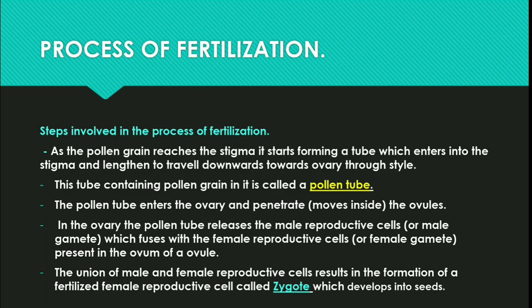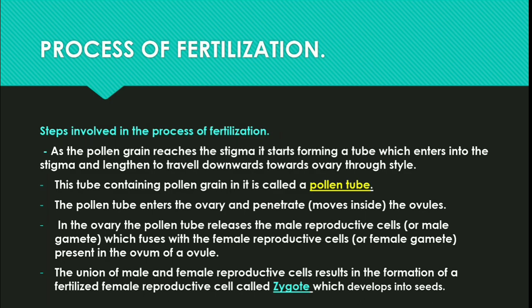Now what will happen in the next step? As the pollen tube moves inside the ovules, it will release the male gamete or male reproductive cell from the pollen grain, and this male gamete will fuse or merge with the female reproductive cell inside the ovary.